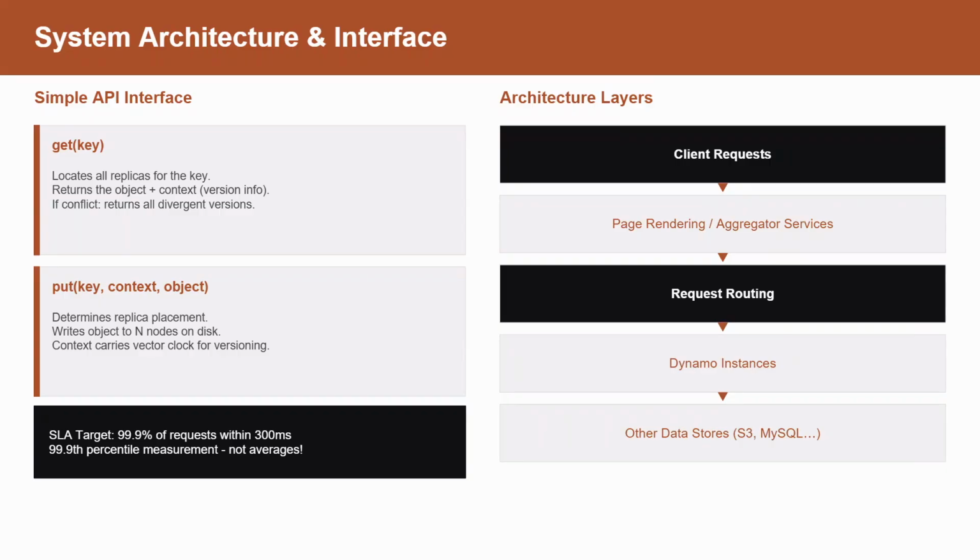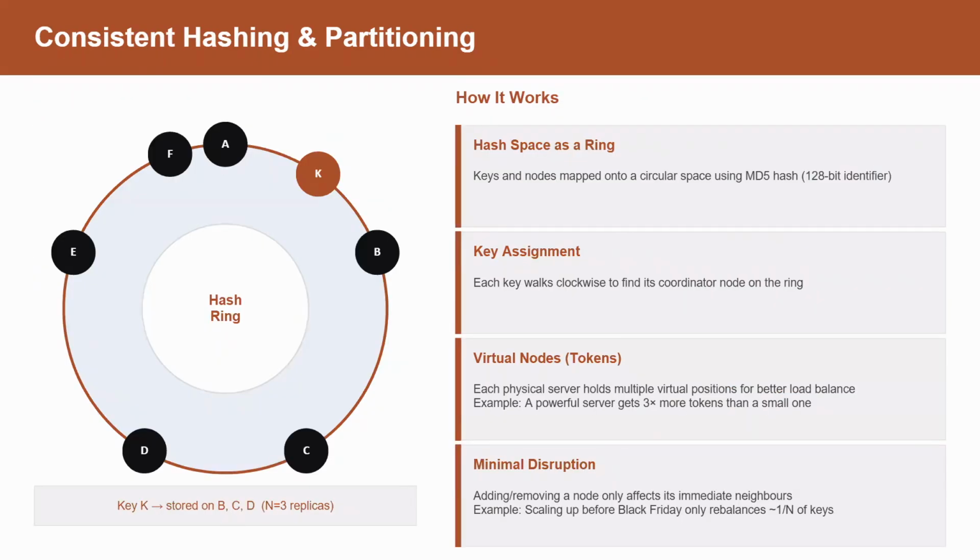So that is the architecture of Dynamo. A client sends a request to the server with the key, and Dynamo returns the value. If there is any inconsistency, the application layer will handle it. Yeah, that's the system architecture. So I will hand over the presentation to Vidika. Thank you.